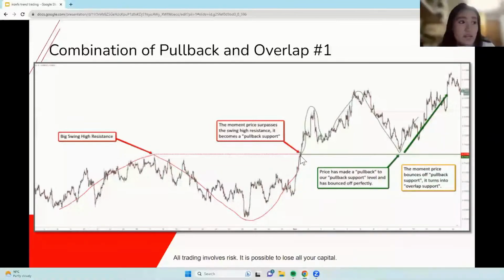So it passes it, and then we're expecting it to come back to it. And that's why it is now a pullback support. Once price actually touches that pullback support and it reverses off of it or bounces off of it, then we can call it an overlap support instead.